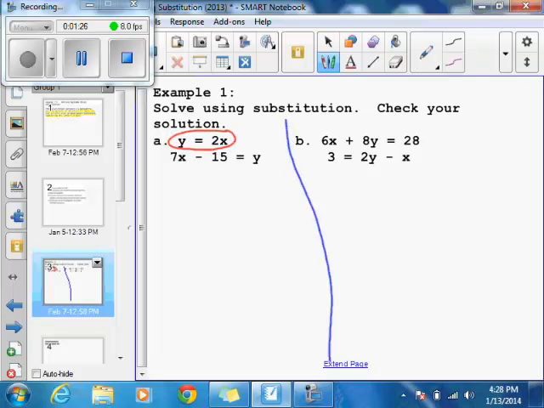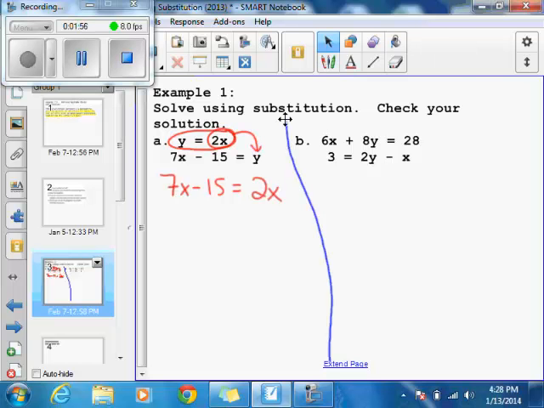What I'm going to do is use that fact and replace y in the second equation with 2x because I know that y equals 2x. So instead of my second equation being 7x minus 15 equals y, I'm going to replace that y with the 2x from the first equation, and that's the substitution.